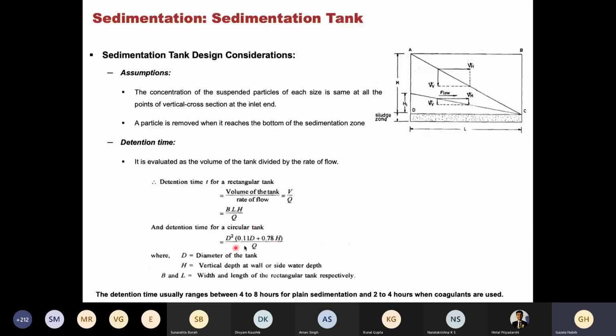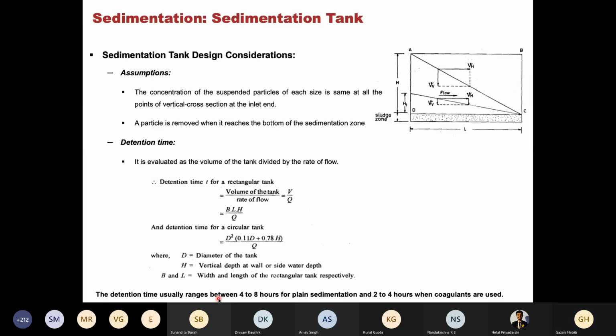I already told you B and L are the width and length of the tank. In general, the detention time would be between 4 to 8 hours for plain sedimentation and 2 to 4 hours for coagulant added sedimentation process.